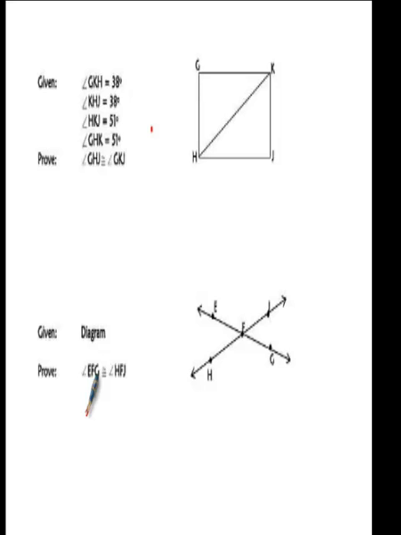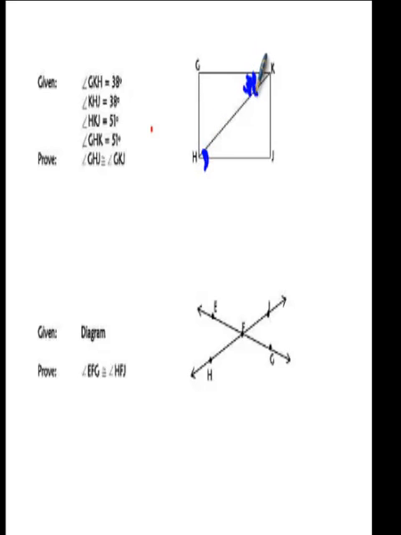Starting with the first example, they tell me that angle GKH is 38 degrees. So I'm going to find that angle on my diagram. Here's angle GKH. So this angle here is 38 degrees. They tell me angle KHJ is 38 degrees. So angle KHJ, that's this angle here.